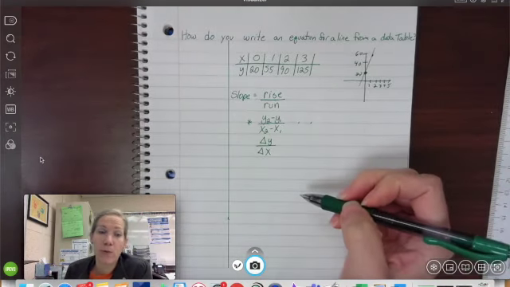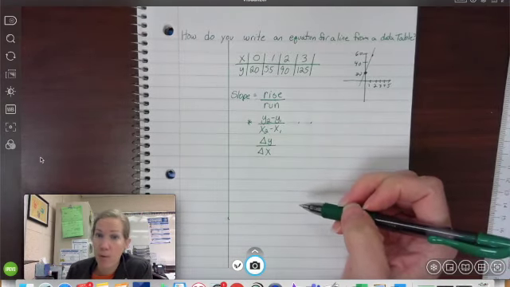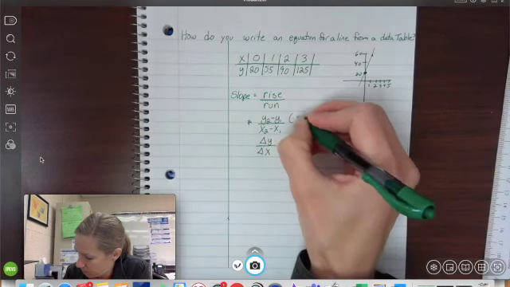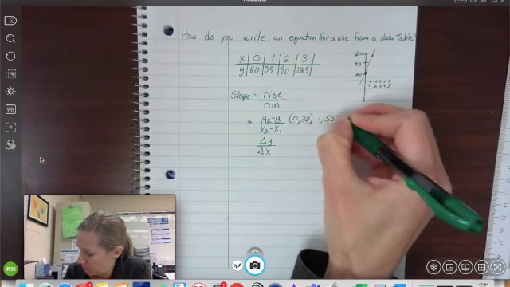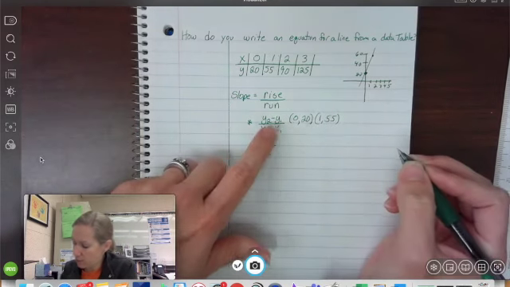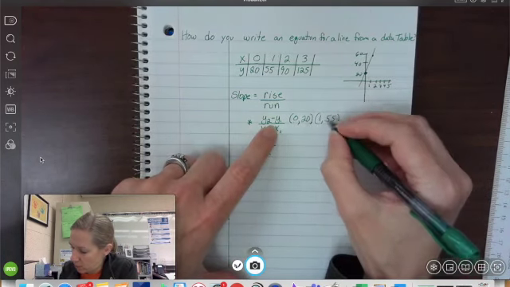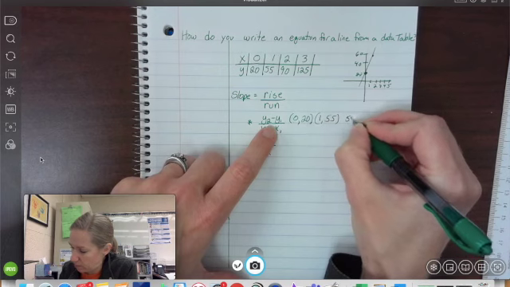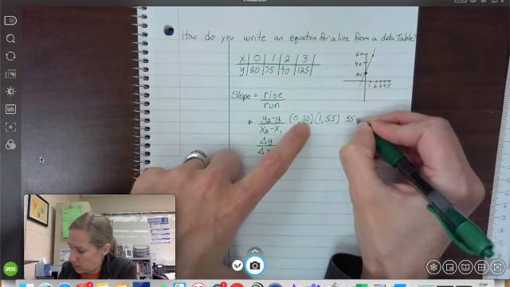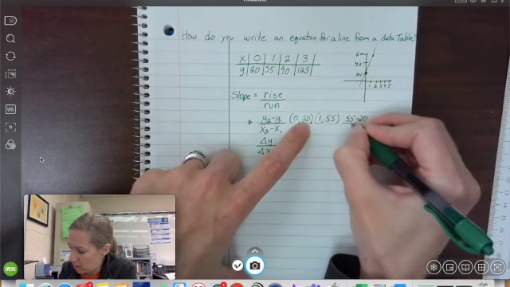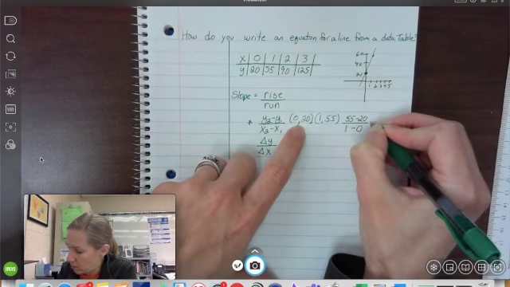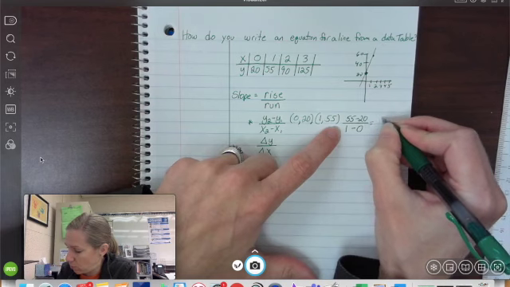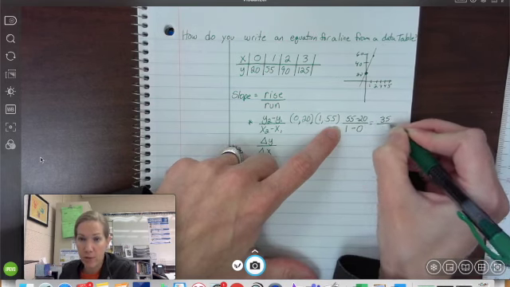So the 2 points we're going to choose are 0, 20, and 1, 55. And now we're just going to fill them in here. So y2, 55, minus 20, over 1 minus 0. So we get 35 over 1, or a slope of 35.